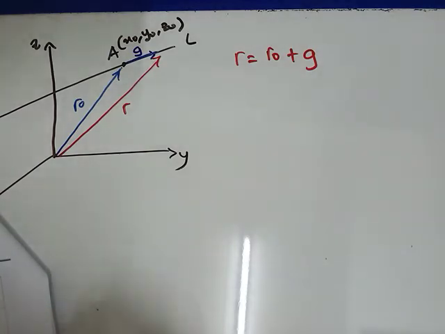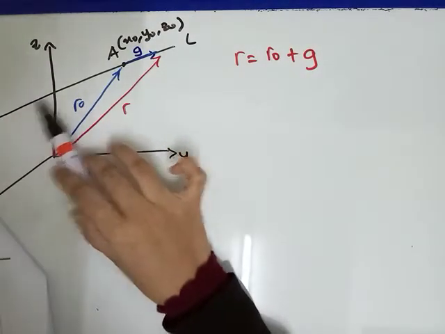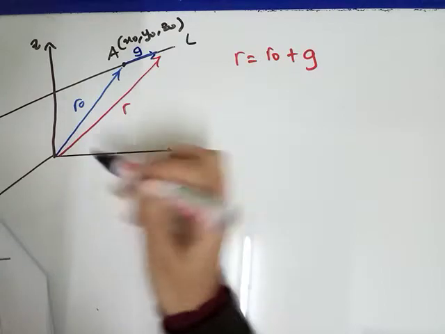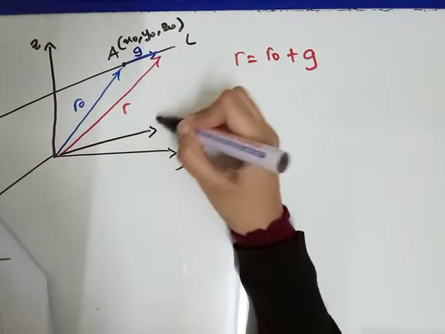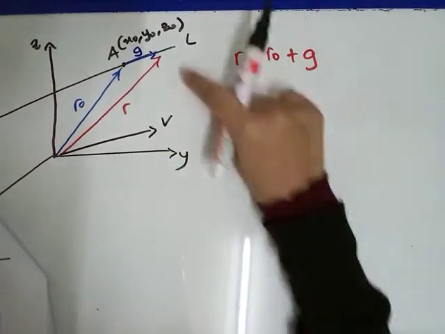If we look at the question, we have a line L that is parallel to the vector V. They are parallel.